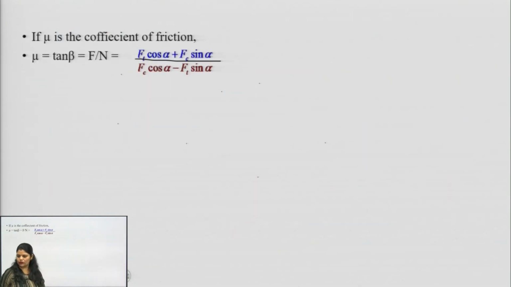Okay. So, these are the forces. Now, as we know that mu is the coefficient of friction, and we can write mu as tan beta. Tan beta can be written as F by N, and we have the equation for both F and N. So, F is basically Ft cos alpha plus Fc sin alpha, and value of N is Fc cos alpha minus Ft sin alpha.